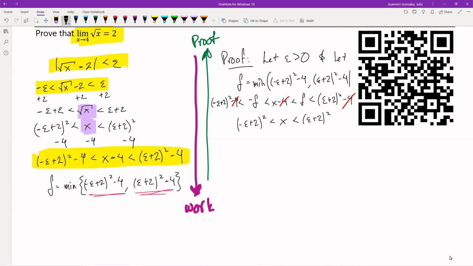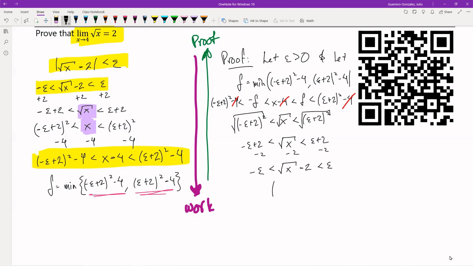To get rid of the square, I have to square root, so minus epsilon plus 2, and then I have to square root the middle one. To get rid of my plus 2s, minus 2, which means I need to minus 2 in the middle. So minus epsilon is less than the square root of x minus 2, less than epsilon.